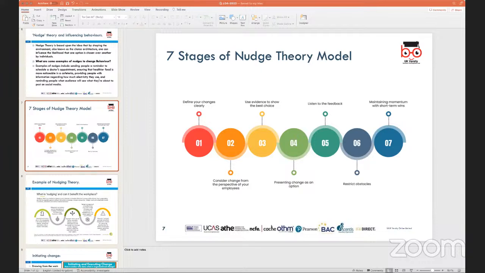Now, in the context of leadership, obviously, we need to look at nudge theory. This is one of the theoretical models which allows us to bring across change within the organization, maybe through a 7-step process. But in the context of leadership, what does it mean? Leaders would use this theoretical model to encourage positive behaviors.